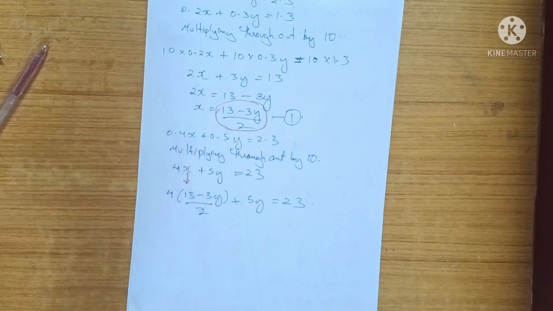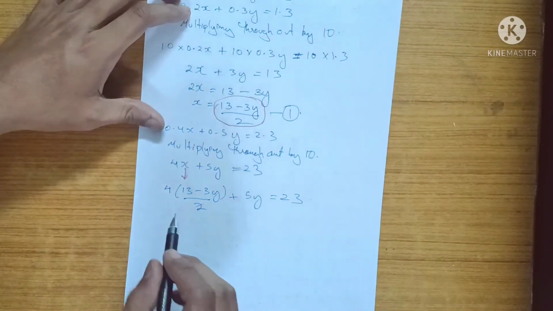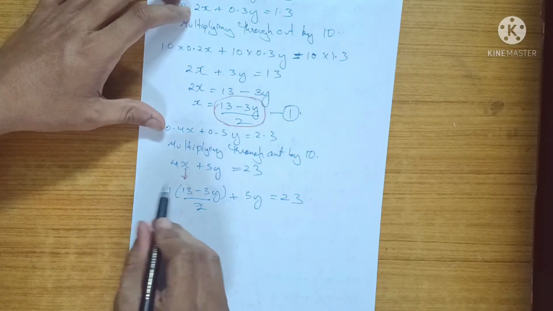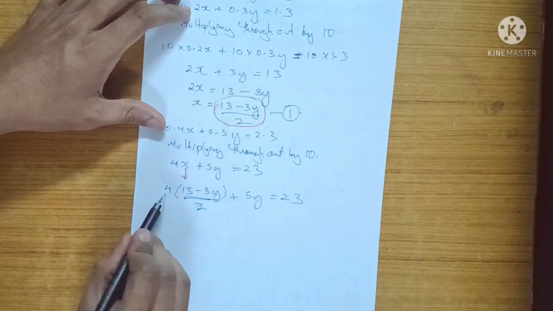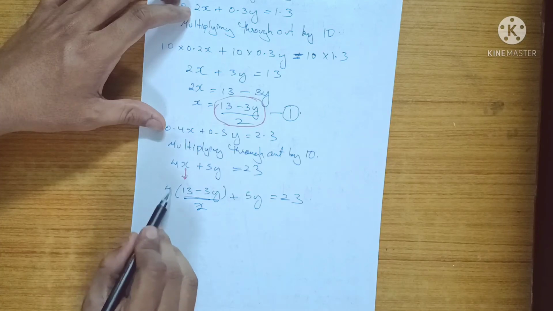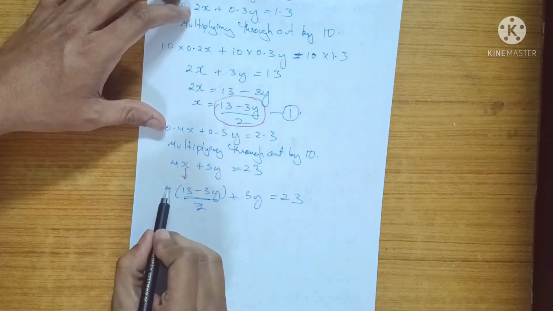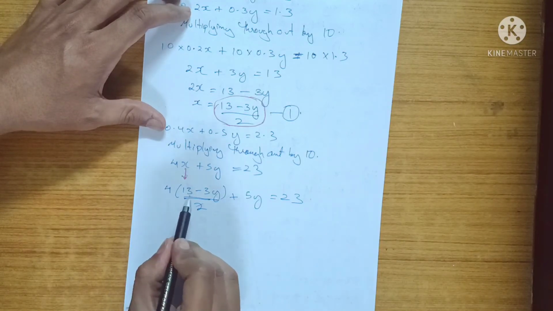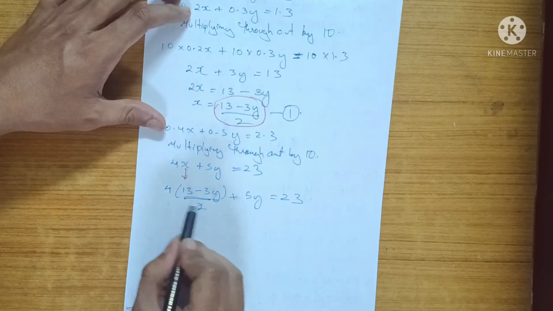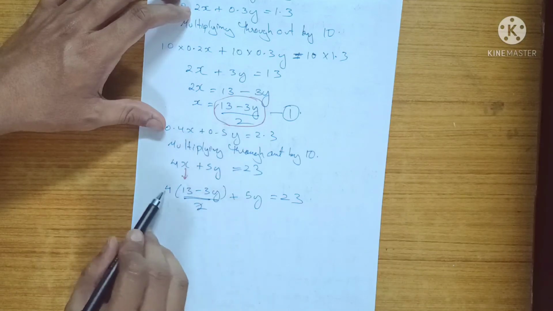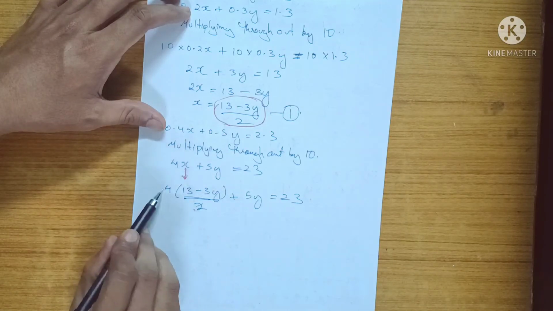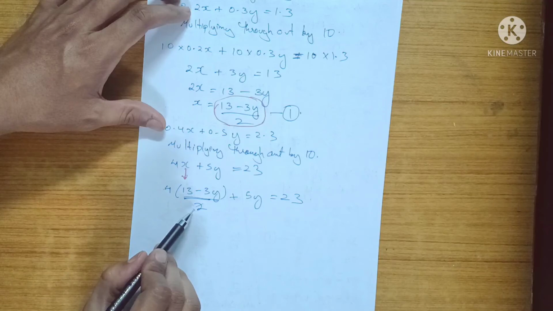But before I cut this 2, since some of you make this mistake, whenever there's something like this, outside the bracket there's only one number, and inside the bracket there's a fraction. When you open the bracket, whatever is outside multiplies only the top, only the numerator. It doesn't multiply the denominator. It will not become 8. Got it?